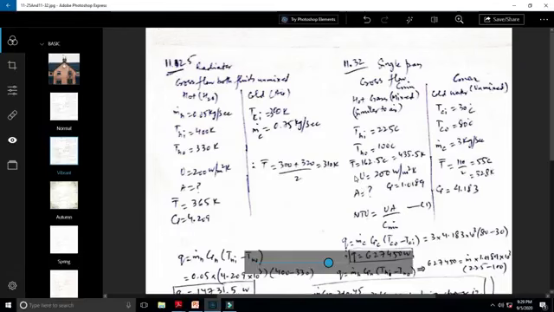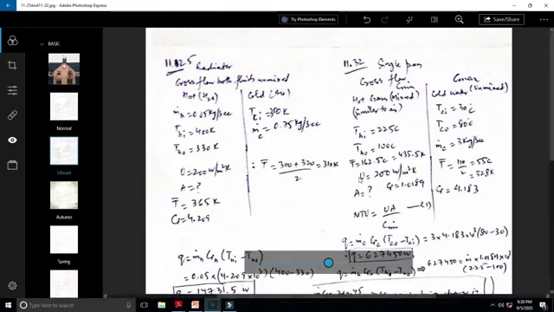So we can either use the LMTD approach or the Effectiveness-NTU method. If you use the LMTD approach, we can find out Q using m c delta T of the cold side, and then we can write Q is equal to m c delta T for the hot side, and we will then find out the mass flow rate of the hot fluid, and then we can use Q is equal to U A times LMTD times correction factor.